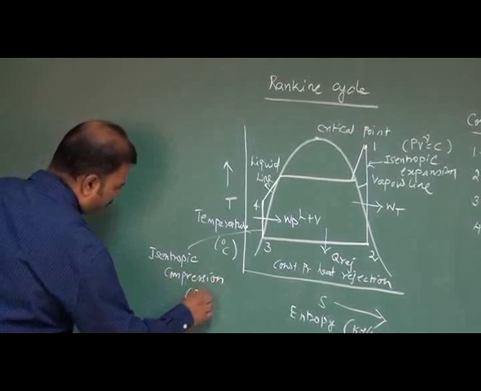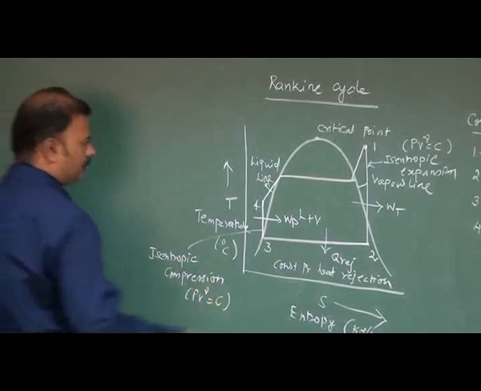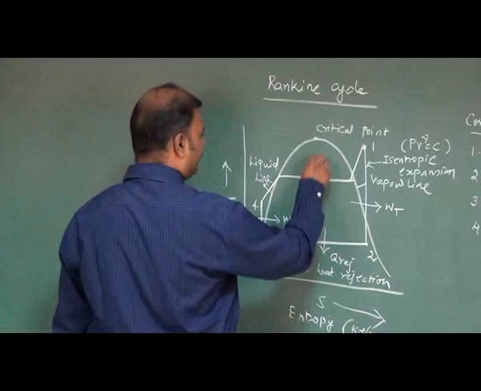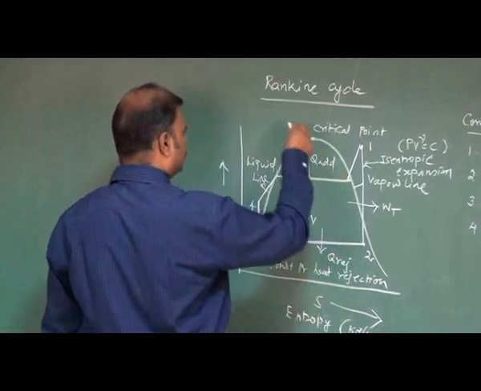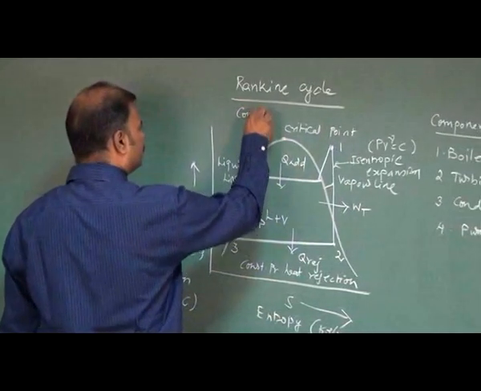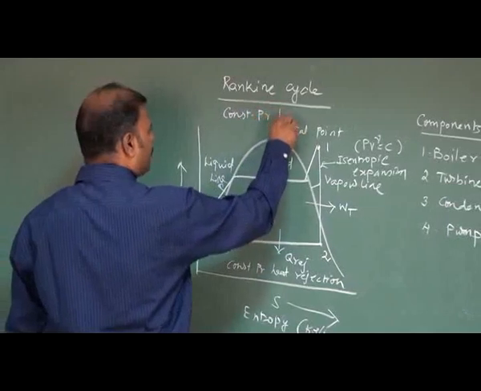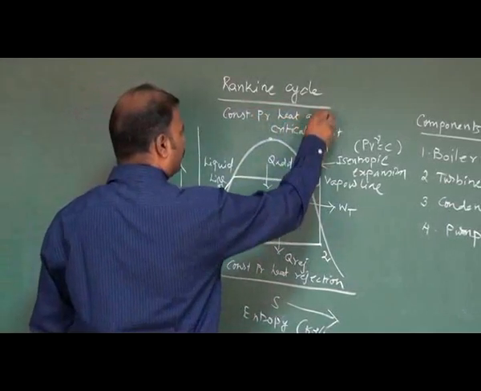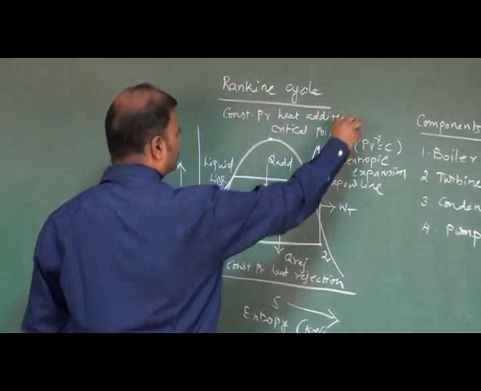The formula for isentropic compression is PV^gamma equals C. And 4 to 1 is heat addition, a constant pressure heat addition process.